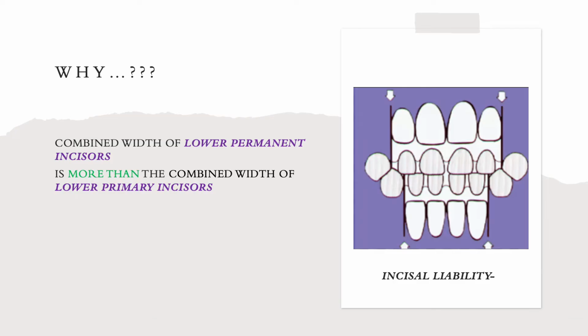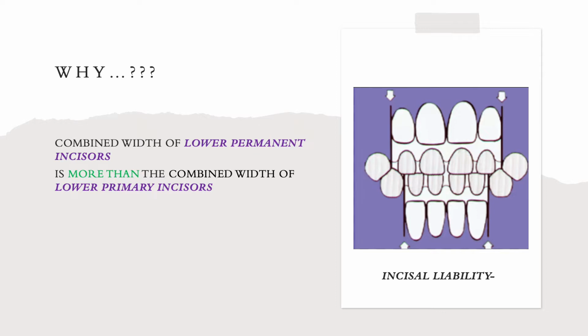Now the reason why this arises is something called incisal liability. That means the four permanent incisors that are yet to erupt, or that actually erupt, are wider in width than the primary or milk teeth of the incisors, the milk front teeth in the lower region.